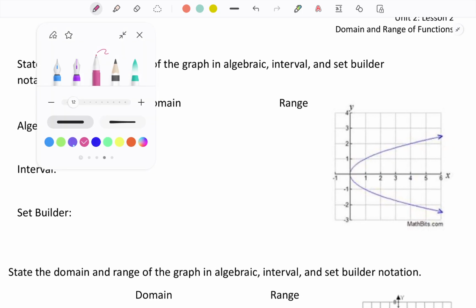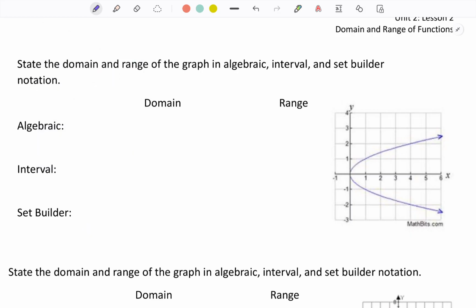So now let's go ahead and look at a graph that has some limitations. So in this case, we actually have a limit in the domain because we have this parabola and it can only go to 0. It can touch the 0, and we can go to the right, but not any further to the left.